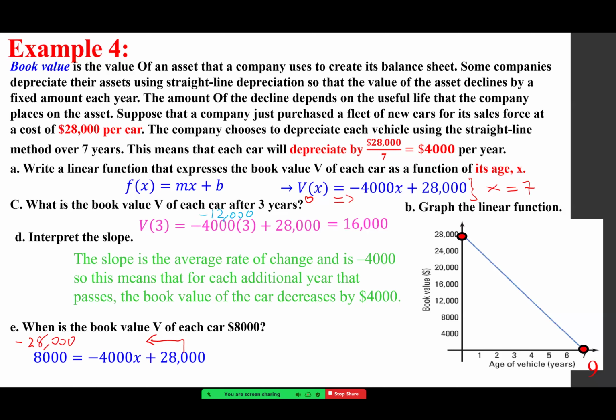So this goes away. Divide by negative 4,000 and we get 5. So in 5 years, the book value goes down to $8,000 from the original amount of 28K. Goes down to 8K.